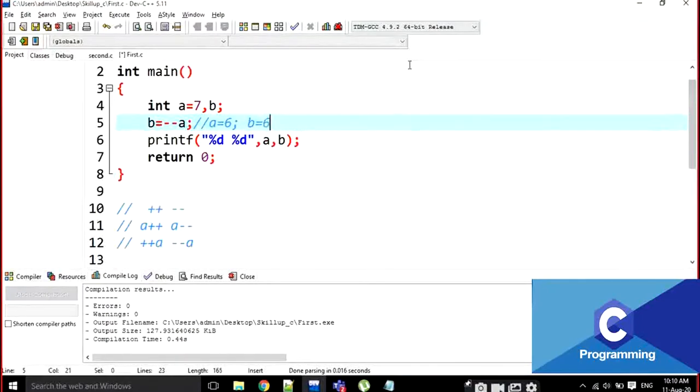That is going to be replaced in B. That's it. Pre means it is going to be evaluated first, either it is a decrement or increment. If it is a pre, it is going to be evaluated first, then the remaining operation. That's why the output is like this.